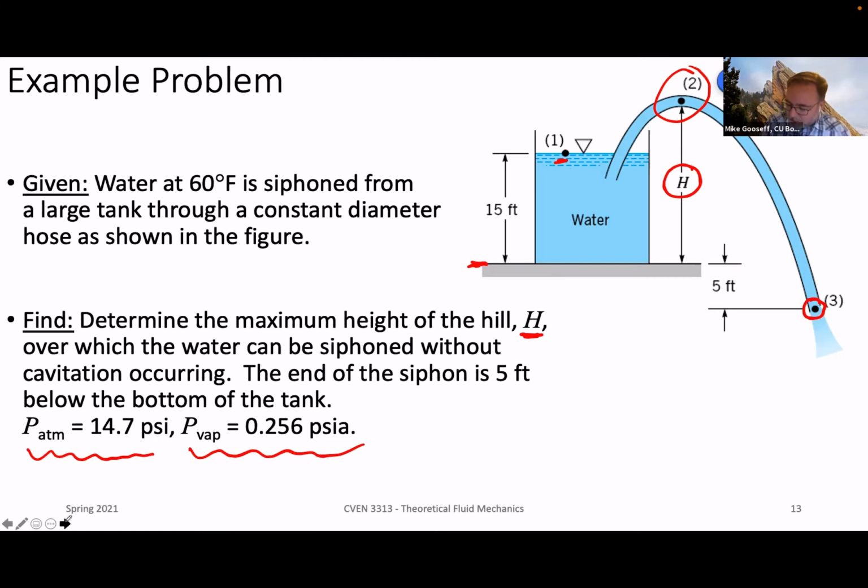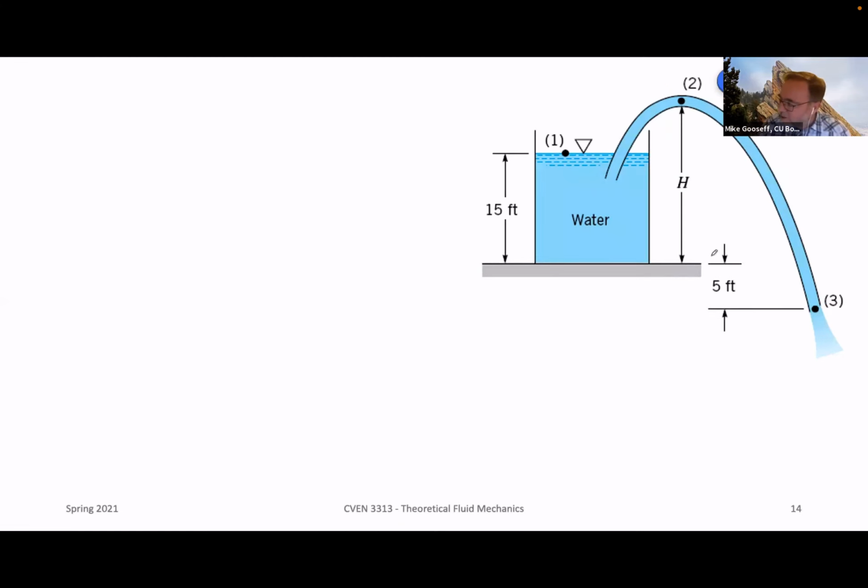Okay, so on the next slide, we should still have this set up. Let's set z equals 0 as the bottom of the reservoir here. And we're going to write the Bernoulli equation now among these 3 points.